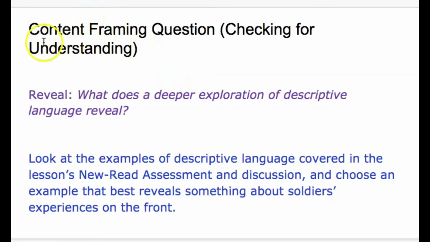Then we're going to end today's lesson answering our content framing question. What does a deeper exploration of descriptive language reveal? In other words, as you were reading the text and you came across descriptive language, what did you learn about the characters, about the front, about the area or the setting based on how they described them?